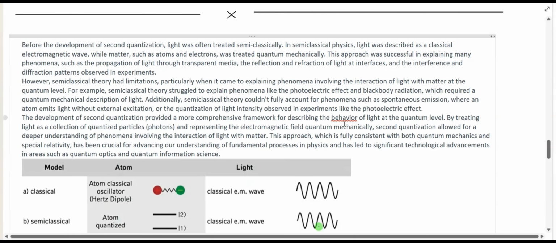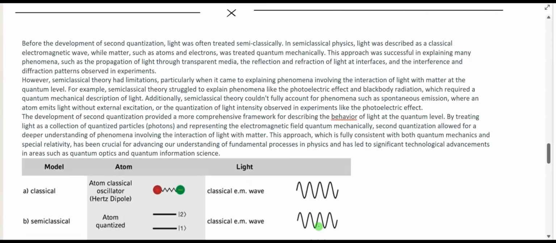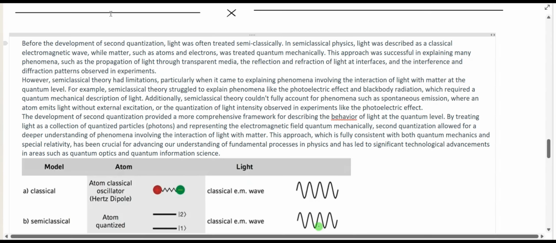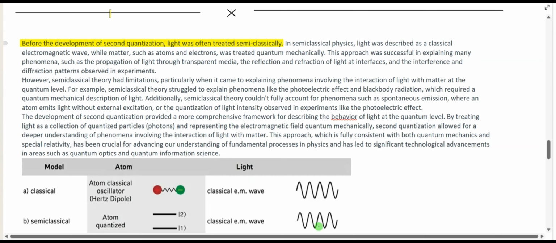Now, coming to the important point, that is the second quantization of light, let us understand the history behind this second quantization of light. Before the development of second quantization of light, light was often treated semi-classically.